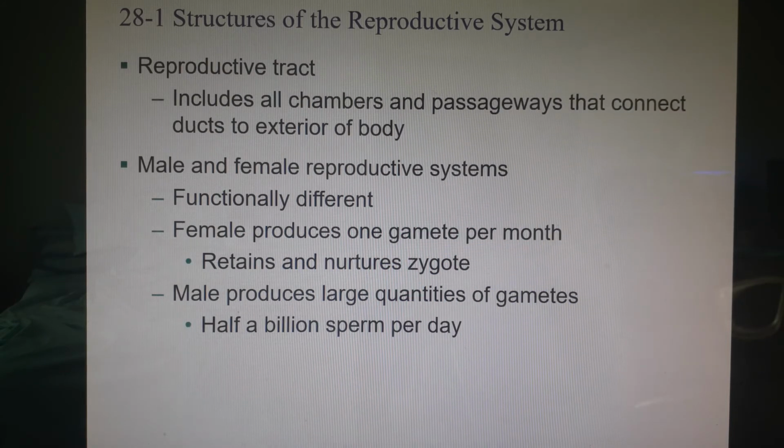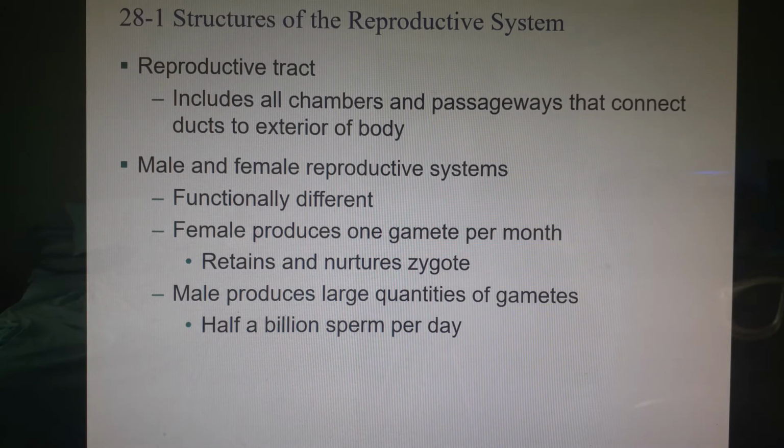Okay, so the reproductive tract is the pathway from where we form the gametes all the way until we deliver the gametes out of the body, or in the female's case, deliver the baby out of the body, okay? So these are the chambers and passageways that connect, the passages that the gametes travel. Male and female reproductive systems are functionally different.